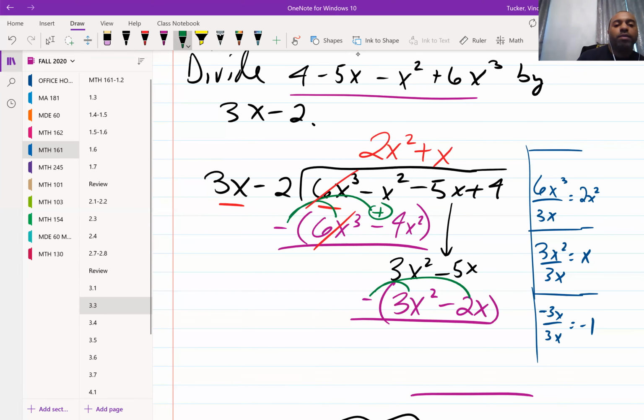Distribute the negative. 3x squared cancels. Negative 2x is positive 2x. So that's negative 5x plus 2x, which is negative 3x. Bring down 4.